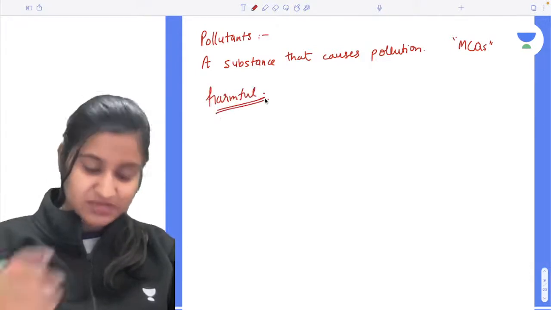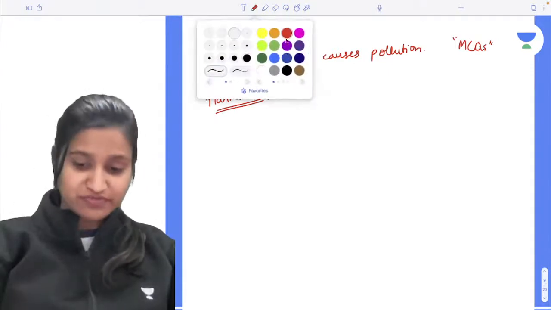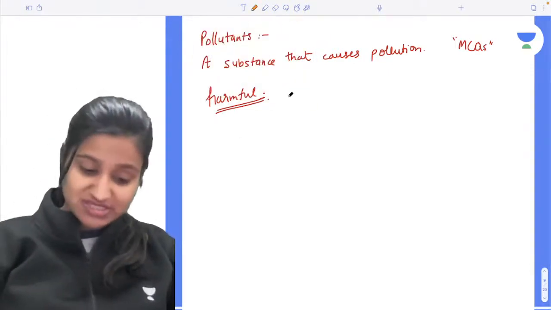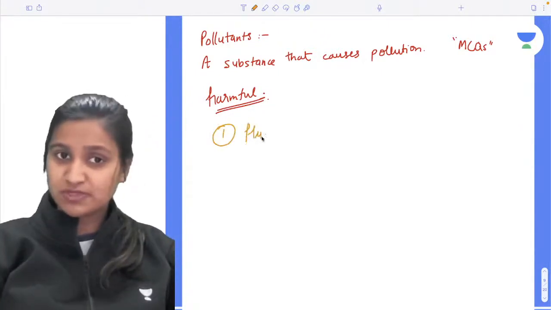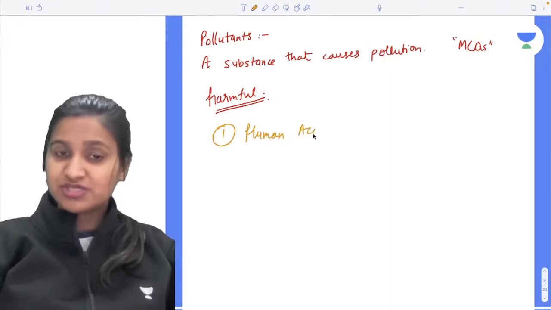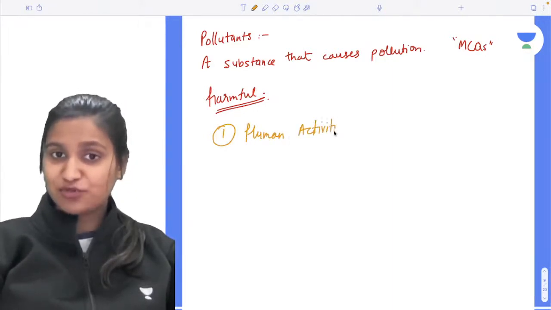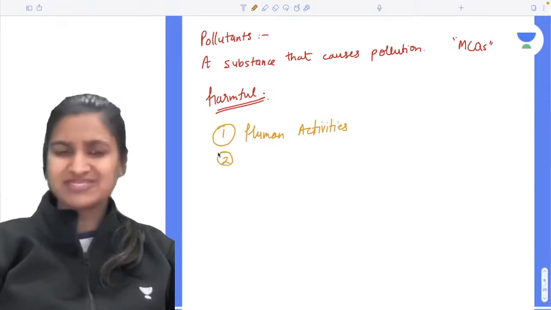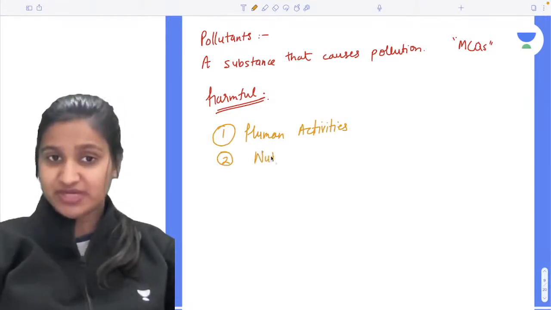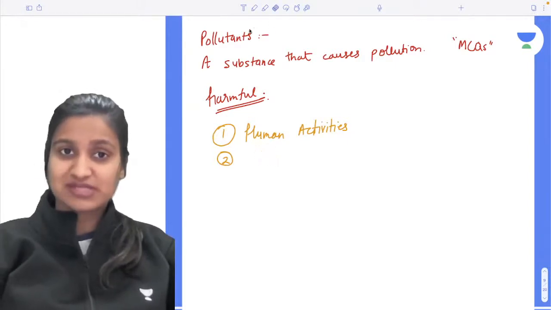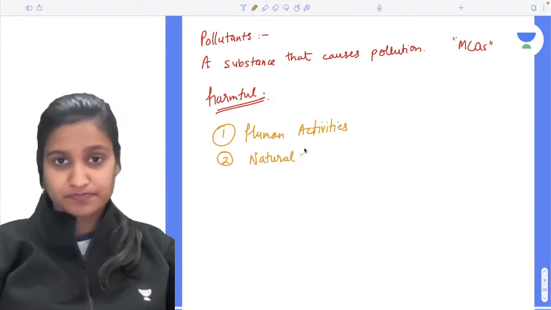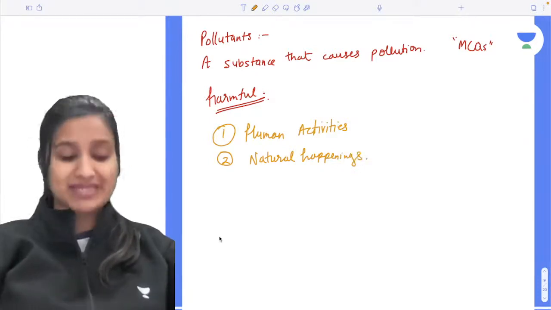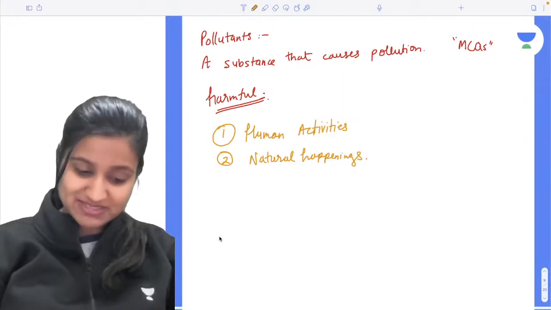And these are produced either by human activities, so we are responsible, or secondly by natural happenings. Either of the two can be the reason.